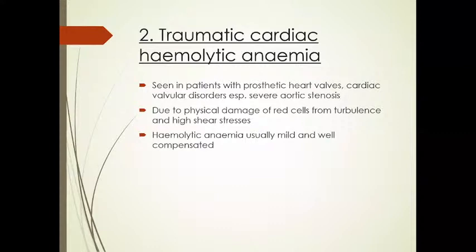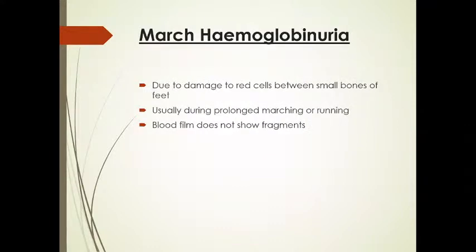You can get actual damage to the red cells as they're pushing past these damaged valves or prosthetic valves, and they're shredded. It's usually quite mild and well compensated. By well compensated, it means you might not see a drop in Hb, or you see a minimal drop, but your marrow is able to respond adequately and push out enough red cells.